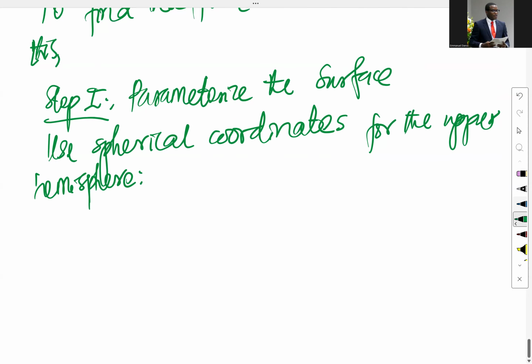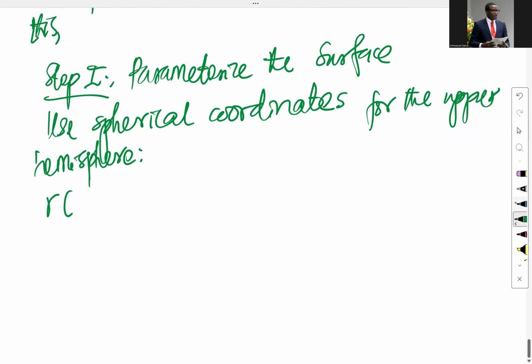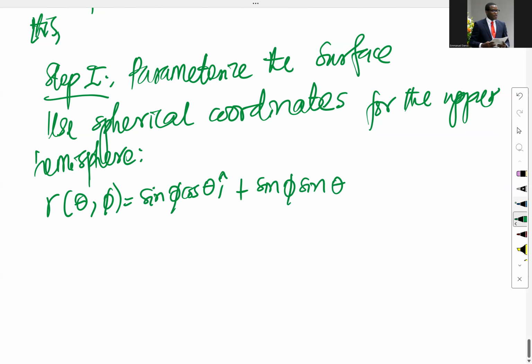So instead of r(u,v), we have r(theta, phi), and that is sine phi cos theta i plus sine phi sine theta j plus cos phi k. So that's how the spherical coordinates go.